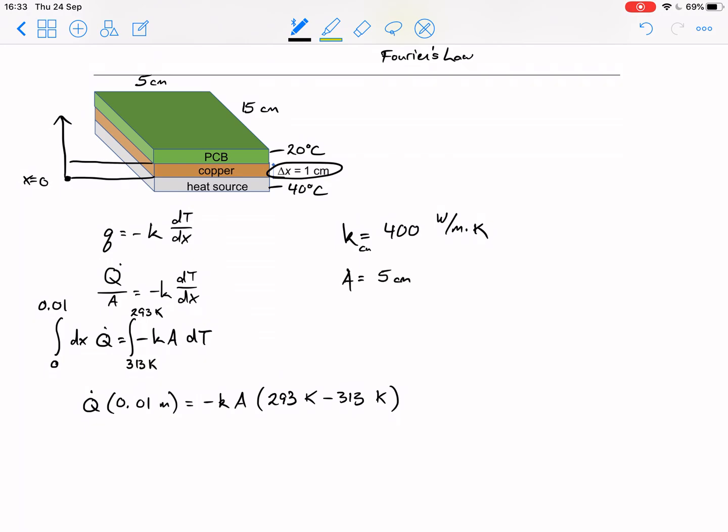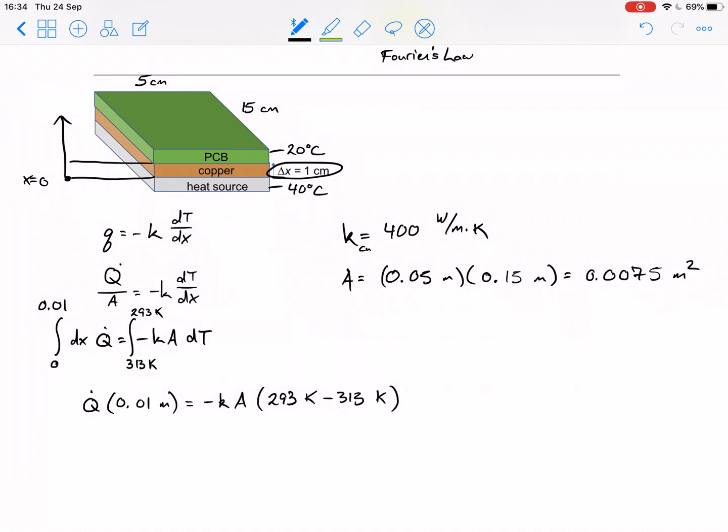5 centimeters. Actually, we'll just convert this straight away to units of meters. 0.05 meters. Times the other dimension is 0.15 meters. And that gives us our area.